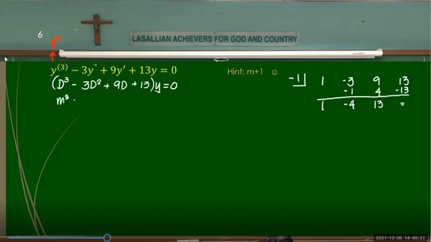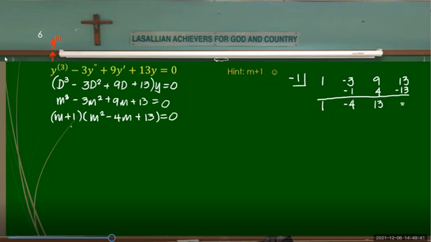This is actually equivalent to m cubed minus 3m squared plus 9m plus 13 equals 0. That means m plus 1 is a factor, and you're left with m squared minus 4m plus 13 equals 0. So m plus 1, that's case number 1 already, real and distinct.